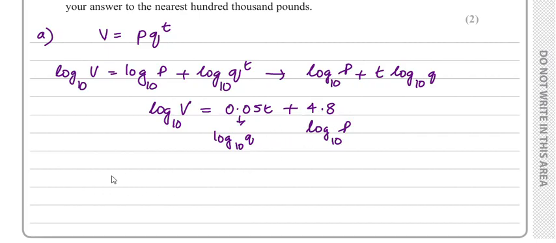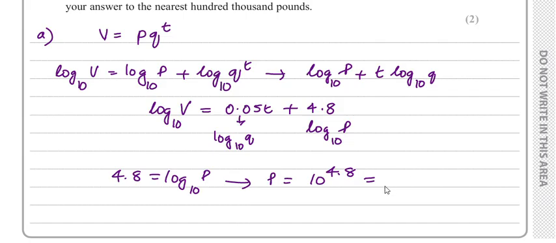So let's write. So 4.8 is equal to log P to the base 10. Right? That means P should be equal to what? You just need to write 4.8 there as an index. So this base goes to the other side, 10, and the 4.8 becomes the power. Okay.